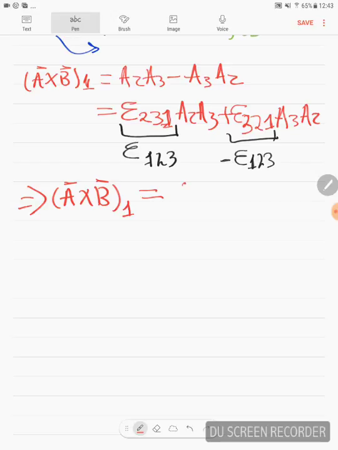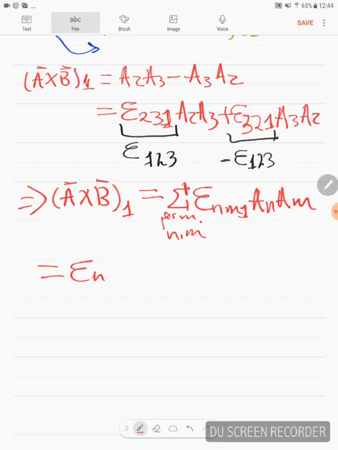It can be written as the summation of the permutation between N and M of E N M 1 A N, A M. Sorry, I'm writing this now in terms of N and M. To show this, you can just expand this and then write it in this way.